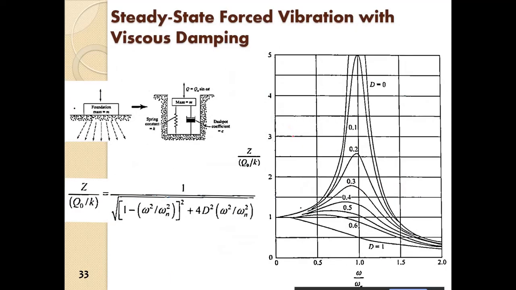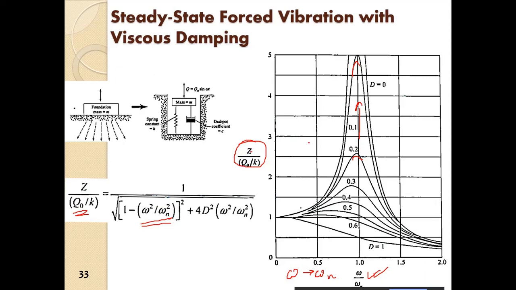So this is the plot of the magnification factor versus the frequency factor. Here you see, as the frequency of operation of the machine tends to the natural frequency, we have high amplitude.